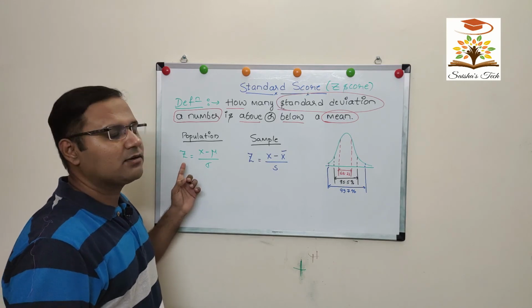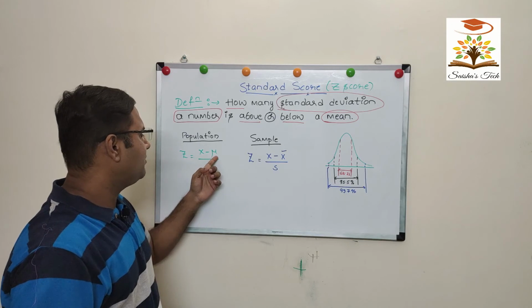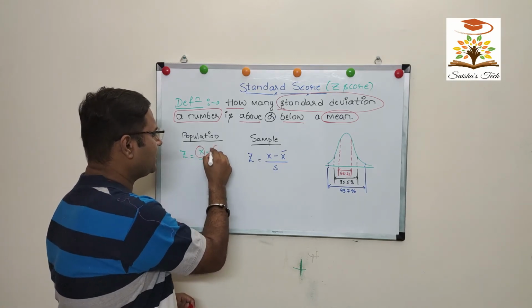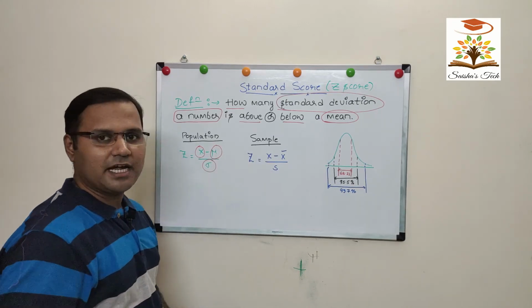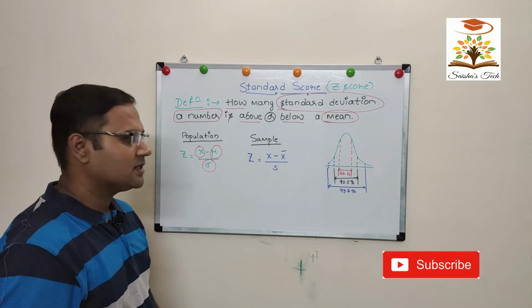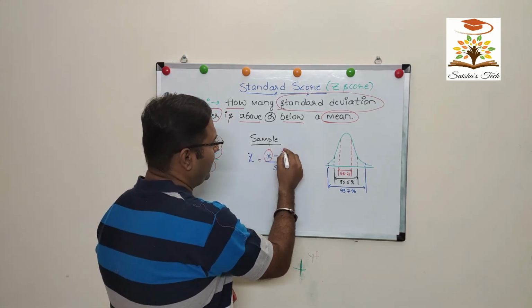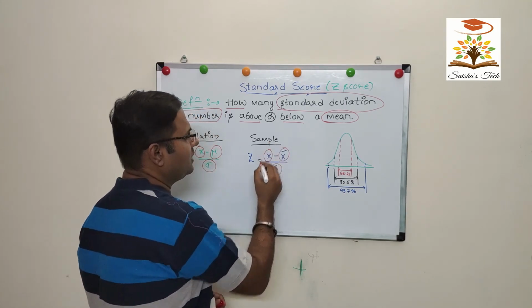The formula to calculate the standard score, that is Z-score, is x minus mu divided by sigma. Here x represents the number, mu represents the mean of the population and sigma represents the standard deviation of the population. Similarly, for a sample, x represents the number, and x bar and s represent the mean and the standard deviation of the sample.